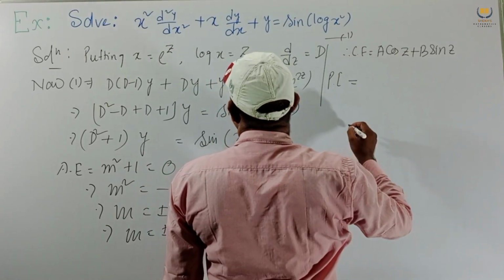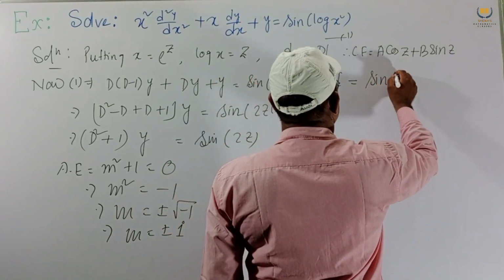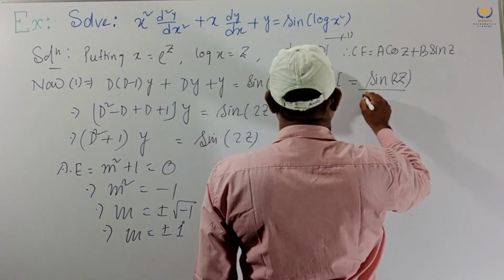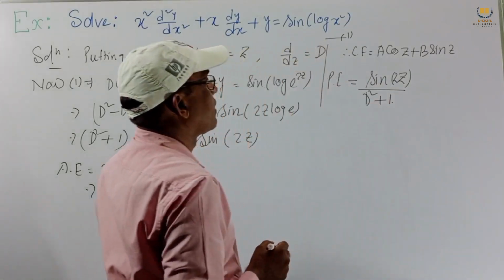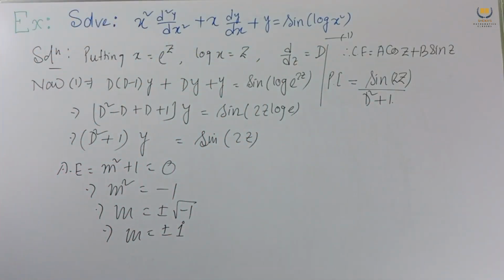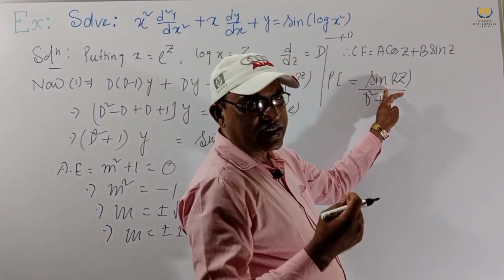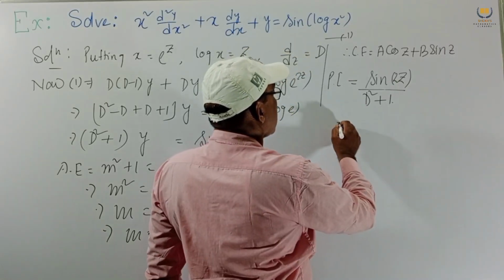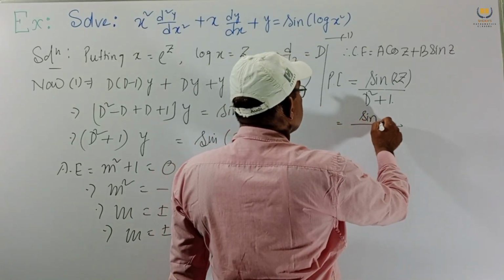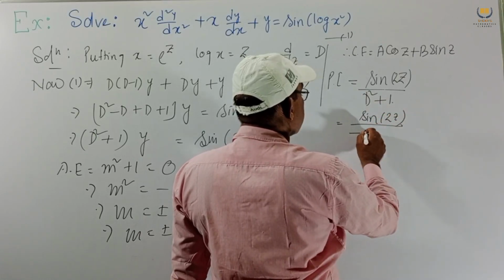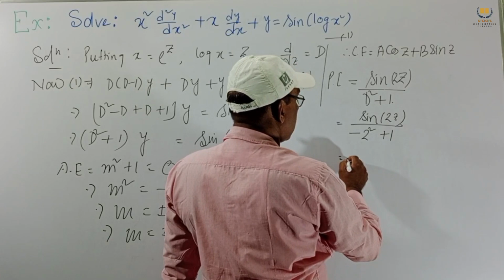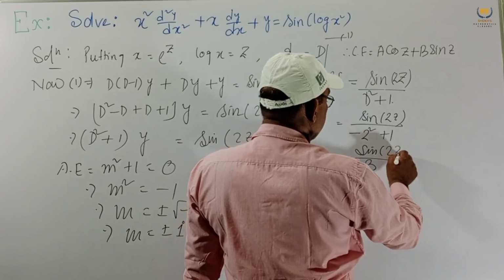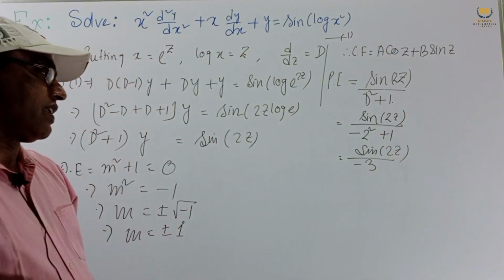Particular integral equals sine 2z by D square plus 1. This is trigonometry. If it is sin and cos, then we put the coefficient of z here with minus sign. So this is sin 2z by minus 2 square plus 1, minus 4 plus 1, minus 3, so sin 2z by minus 3. This is our particular integral.